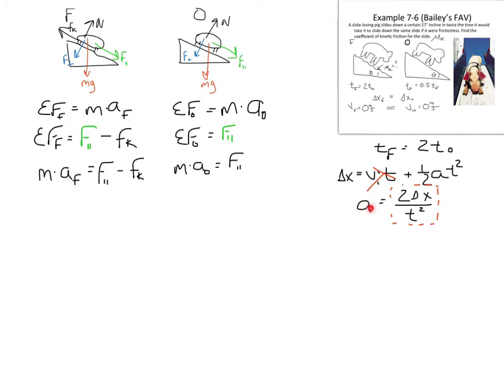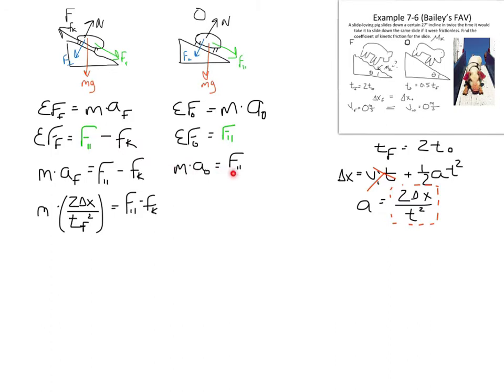So we have mass times 2 times the displacement over time with friction, because this is the friction side, squared, equals force parallel minus kinetic friction force.